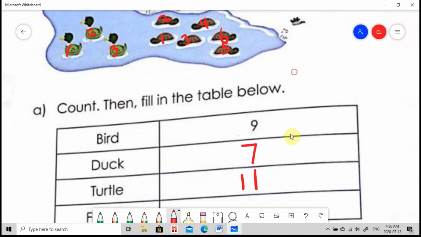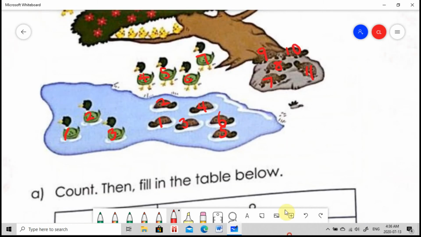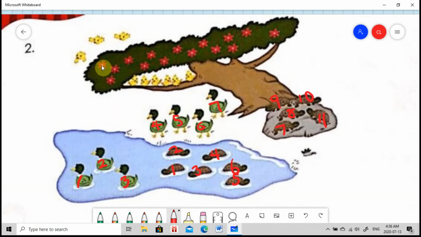We need to know how many flowers we have. So for flowers, we can count: 1, 2, 3, 4, 5, 6, 7, 8, 9, 10, 11, 12, 13, 14, 15.